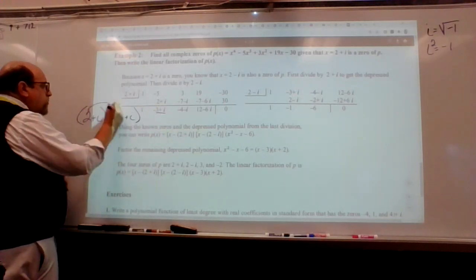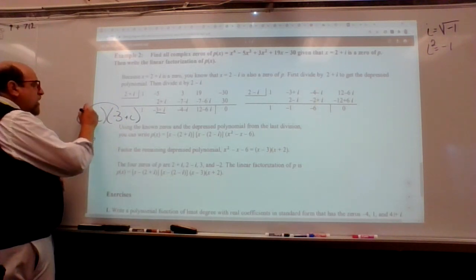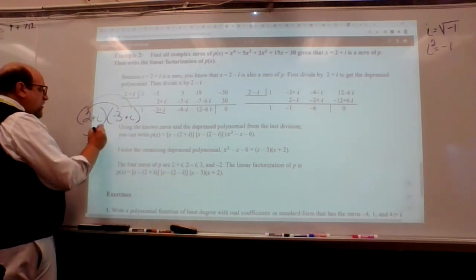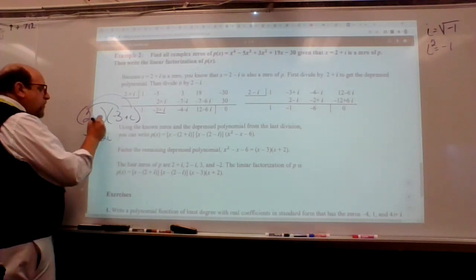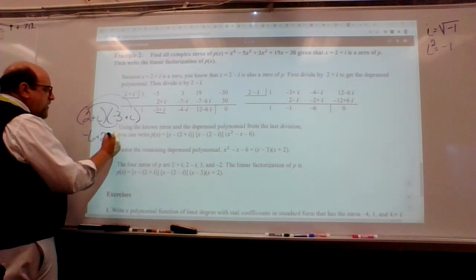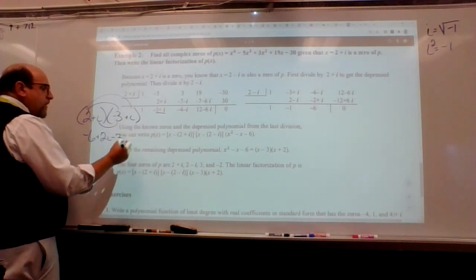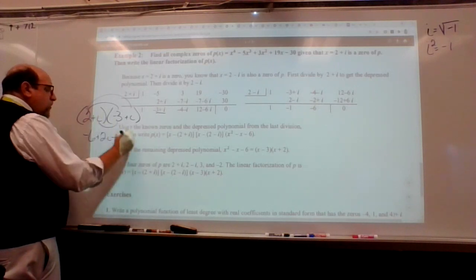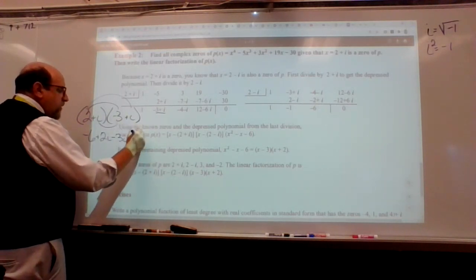So we know this part, right? Negative 6: 2 times negative 3 is negative 6. And we do the outsides, that's plus 2 times i, and then we do the insides. i times negative 3 is negative 3i. And then we're going to do plus i squared.